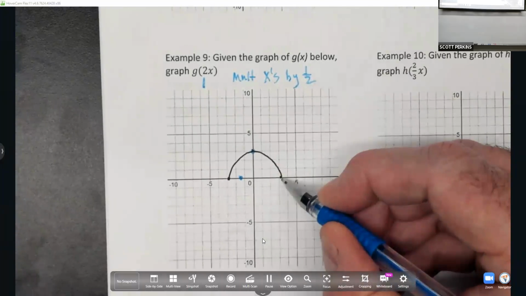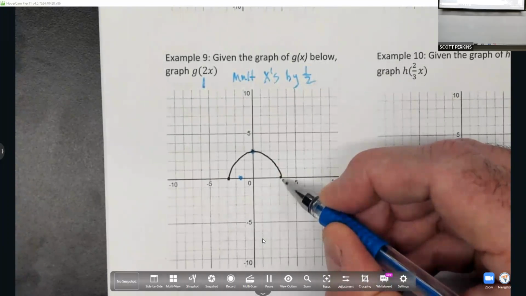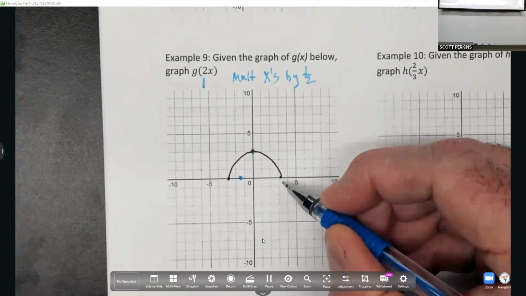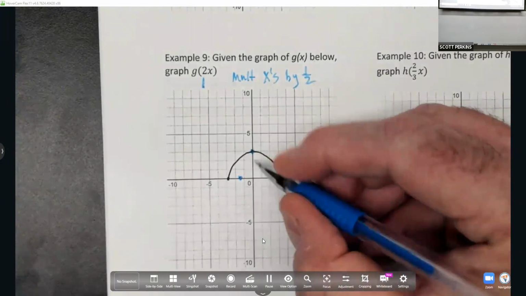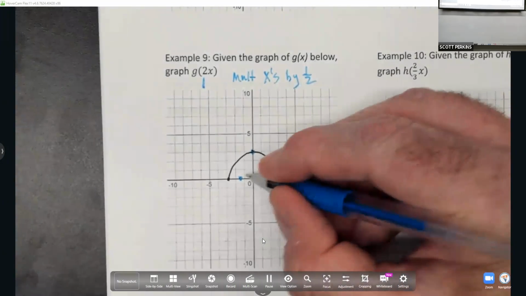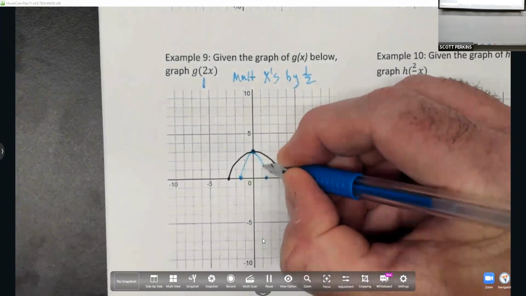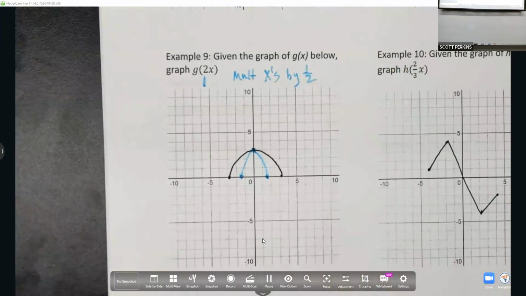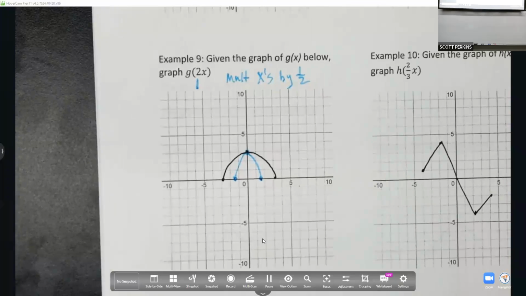And then the x value here is 3. When I multiply that by a half, I get 1.5 again. So since the reciprocal of 2 was a number between 0 and 1, it shrunk all the x values, so I had horizontal shrinking. One more.